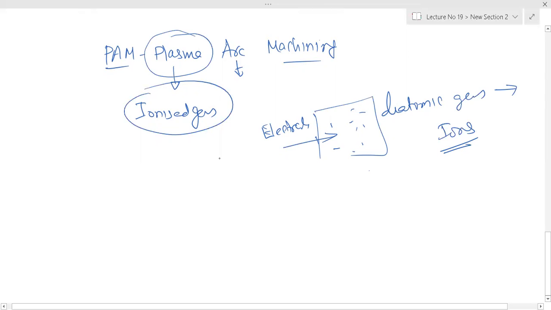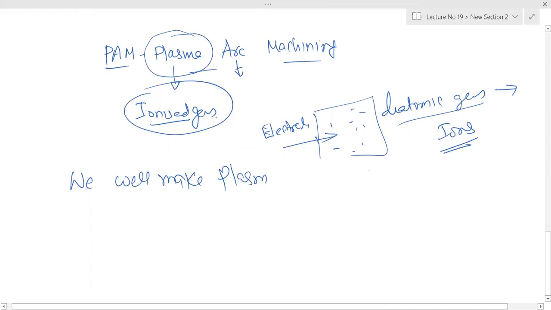What is plasma? Plasma is basically ionized gas, and what is ionized gas? Basically, when electricity is passed through a diatomic gas, it breaks into ions, and that ionized gas we call plasma. So we will first make plasma.